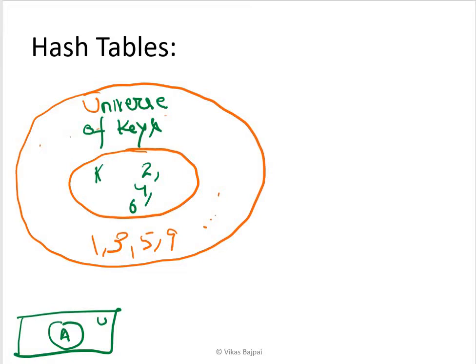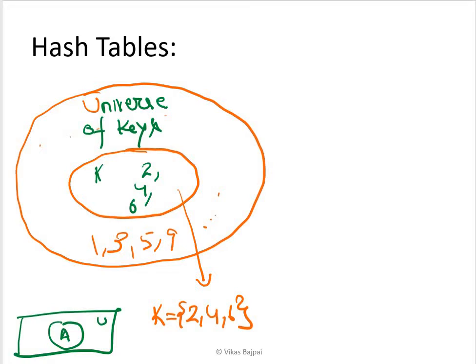Now we have a set k, let's say k equals 2, 4, 6. What it is doing is determining the slots in a particular table that contains pointers to the elements.